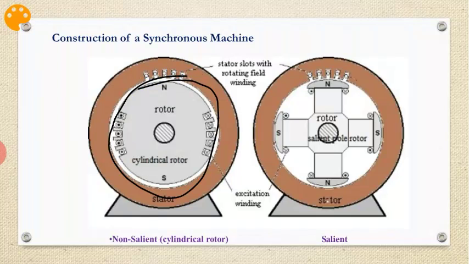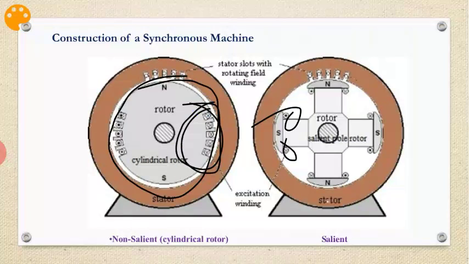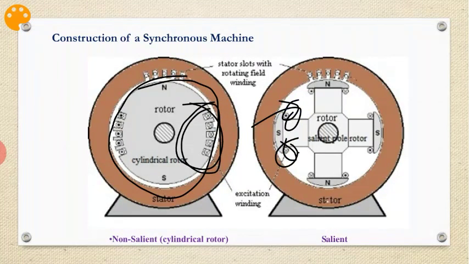The exciting winding, DC, is put here in the cylindrical rotor, and in the salient pole the excitation winding is wound here.